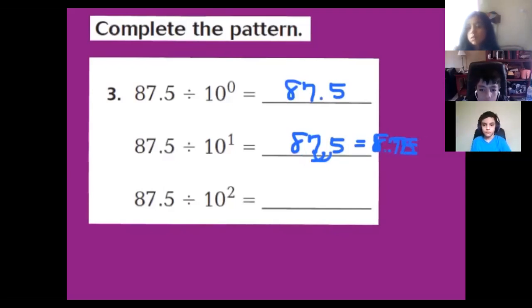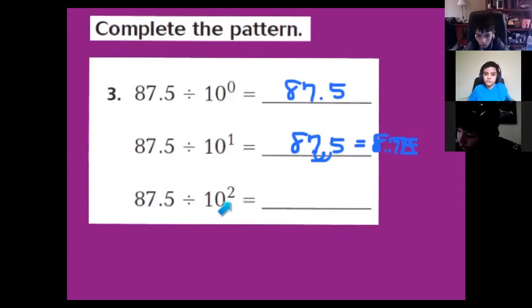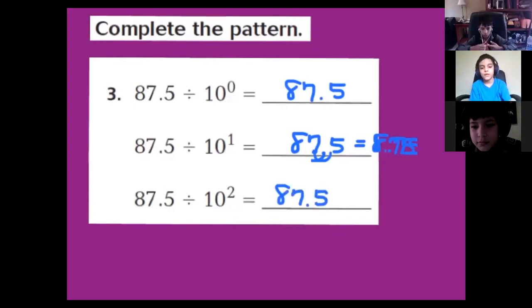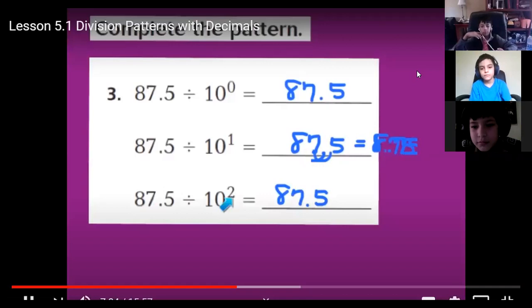Now, let's take a look at the third part in this pattern. We have 87 and 5/10 being divided by the second power of 10. Well, what I know here is my exponent is now a 2. So what that means is I'm going to have to move the decimal point 2 places to the left. So I'm going to come over here and write down my 87 and 5/10. And once again, because my exponent is a 2, I'm going to move that decimal 2 places to the left.